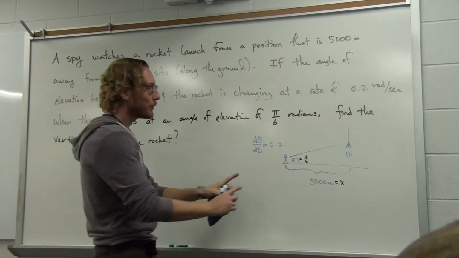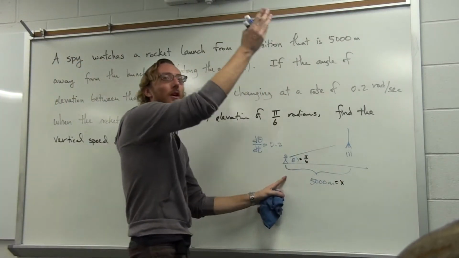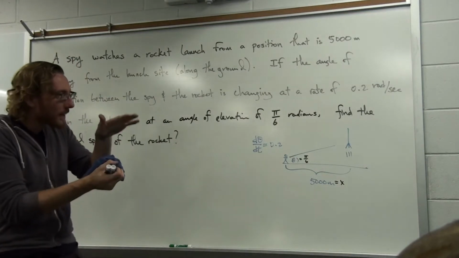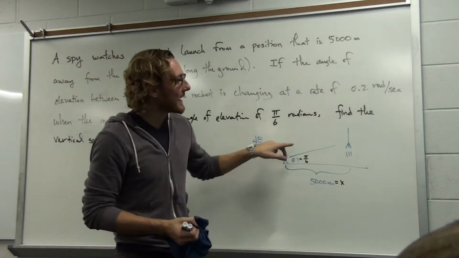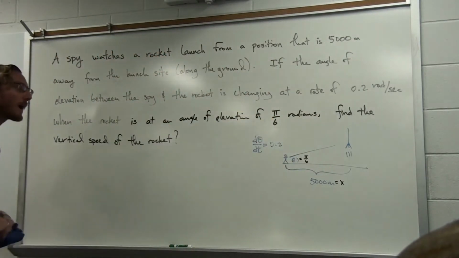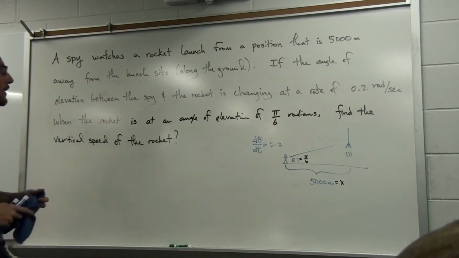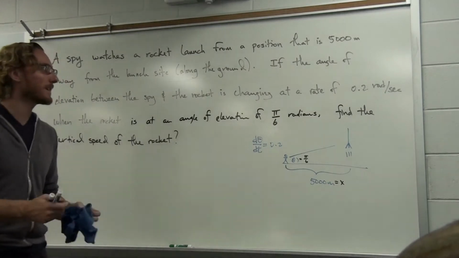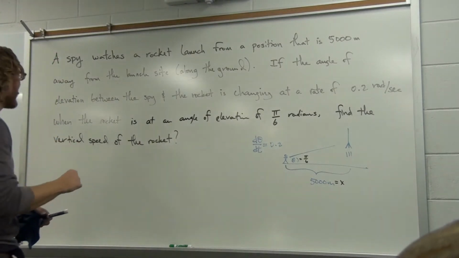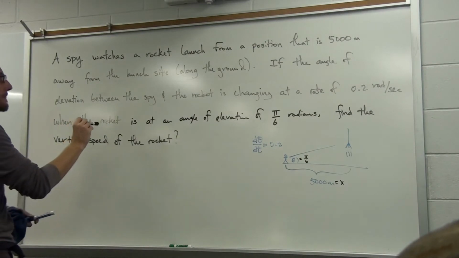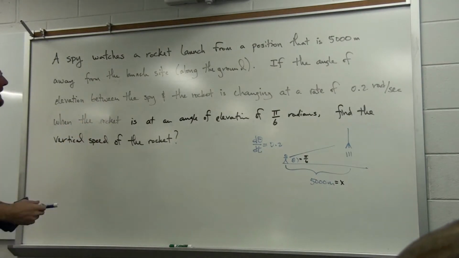But you see, if you knew how far away you were when you saw the rocket launch and you were measuring the angle's rate of change, you could then extrapolate how fast the rocket was indeed moving, which would give you good information to bring back home. So we're going to do that exact same thing here. We want to know how fast the rocket is moving.